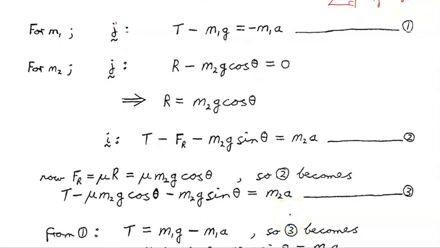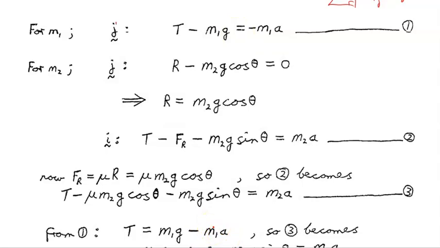Now, just at the very top of the page, we had from equation 1 that the tension minus m1 times g is equal to minus m1a. So what we can do is take the m1g onto the other side, so add it to both sides, and we get an expression for the tension. Now, between these two coordinate systems, the tension will be exactly the same. So the tension from equation 1 is m1 times g minus m1a.